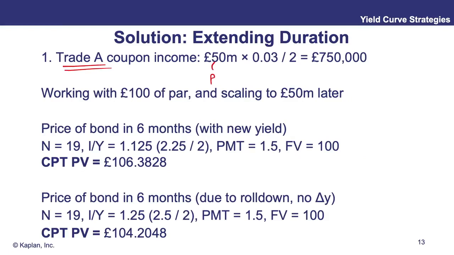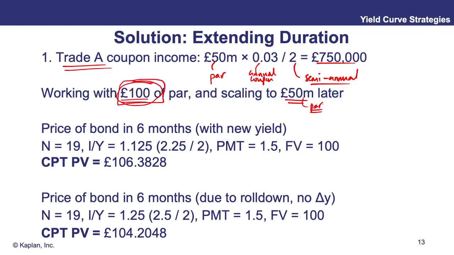Take your par amount, multiply by the annual coupon, divide by 2 because it's actually a semi-annual coupon. And we're looking at 1 6-month period. Okay, we will collect £750,000 worth of coupon here. We're going to work in £100 of par when we think about price, which can scale up to 50 million par later on, but let's standardise to £100 of par because prices are quoted for £100 of par.